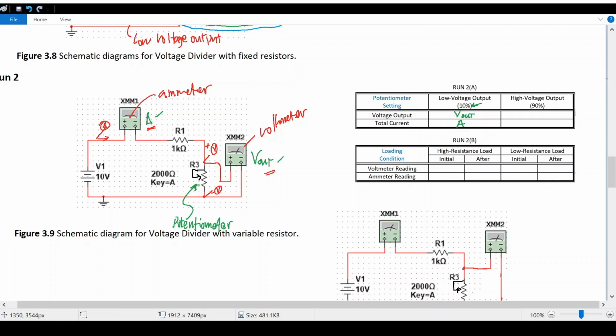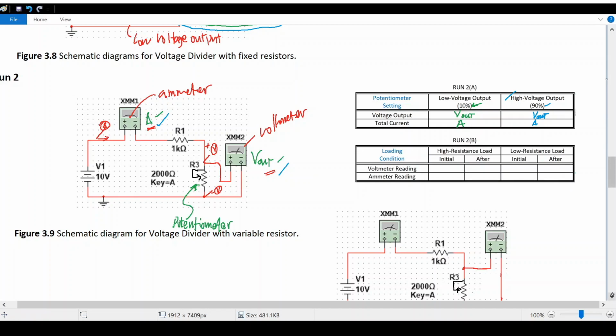For trial 2 of run 2A, this is a high voltage output, meaning the voltage across the potentiometer would be high, and that is only if we increase the resistance of the potentiometer. So increase the resistance of the potentiometer to 90% of its maximum value and get the reading of the ammeter and the voltmeter again. So you record here the B out and the reading of the ammeter.